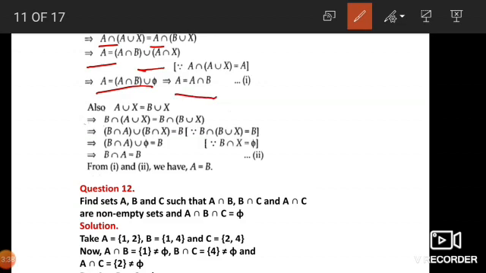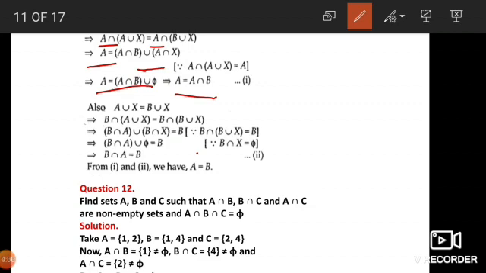The next is A union X equal to B union X. So, here take B intersection on both the sides. That is B intersection (A union X) equals B intersection (B union X). So, B intersection A union B intersection X equals B, by applying the distributive law.